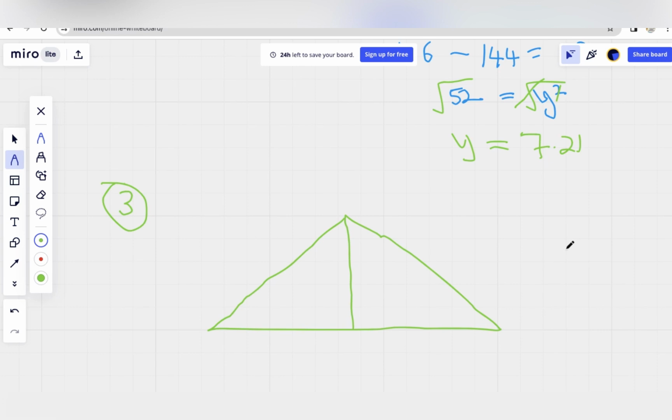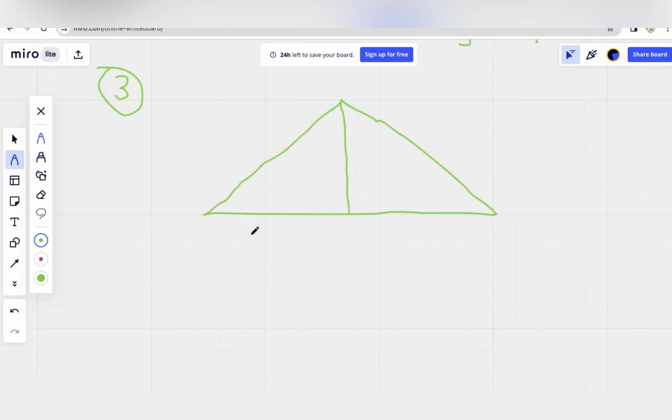Let's say we have the whole length here to be 22 centimeters. And we have here to be 9 centimeters.